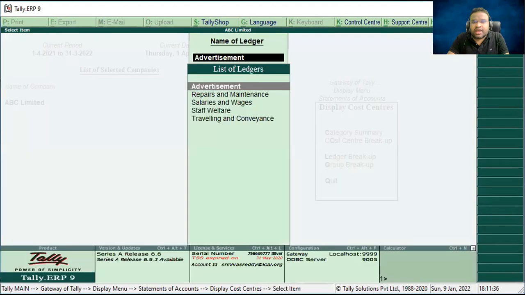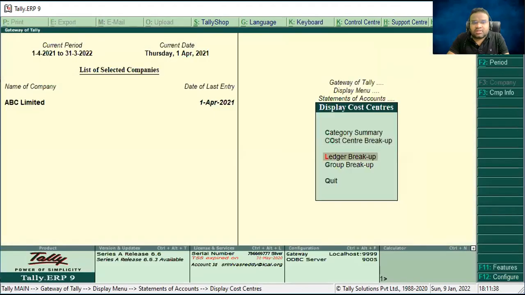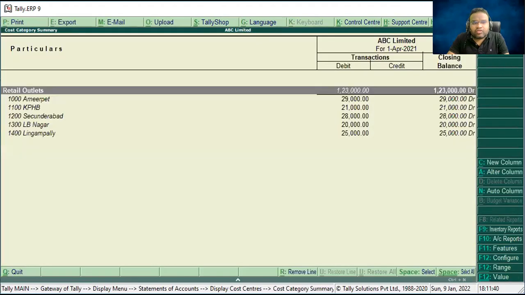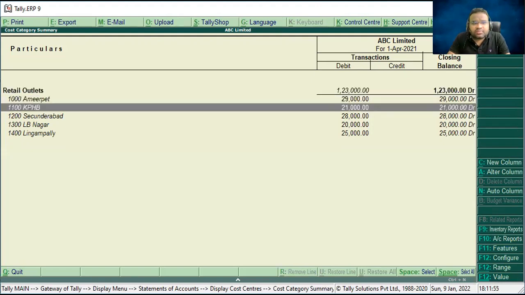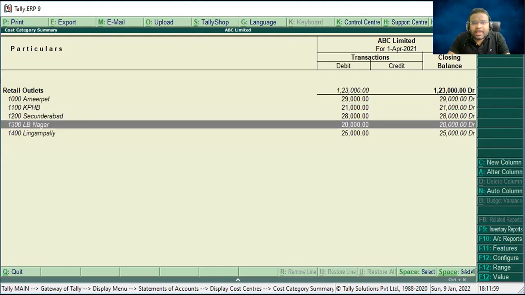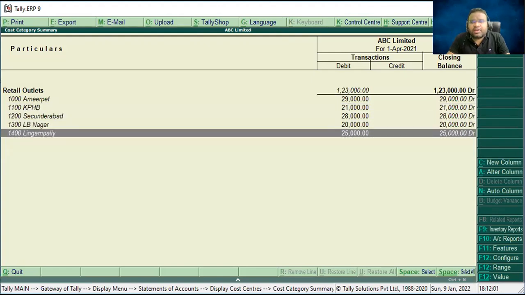If you want, you can go category wise. So out of 1,23,000, my total expense, whichever general ledger it is under, I have incurred Amirpet 29,000, KPHB 21,000, Secunderabad 28,000, LB Nagar 20,000, Lingampalli 25,000.